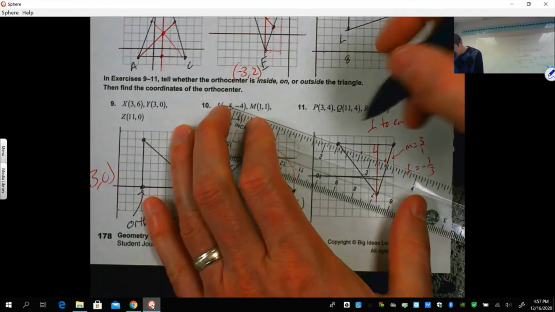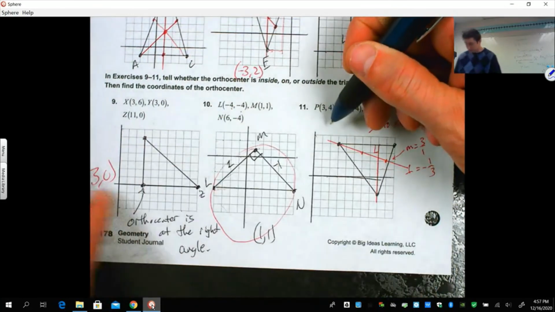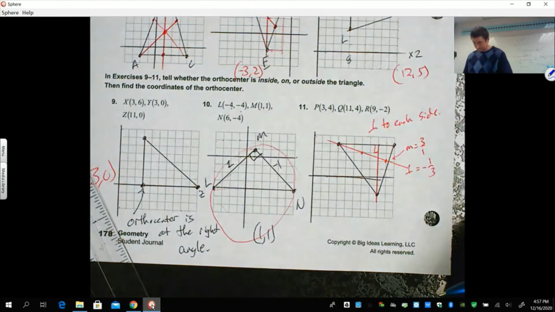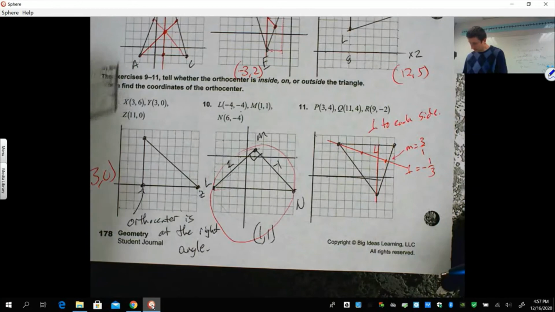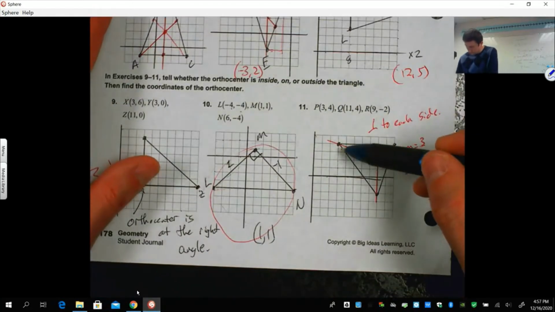Let's draw that line. It doesn't seem to be matching up much with a nice point there. I forgot a piece of instruction there. Okay, let's check this one. Let's make sure we got this right.